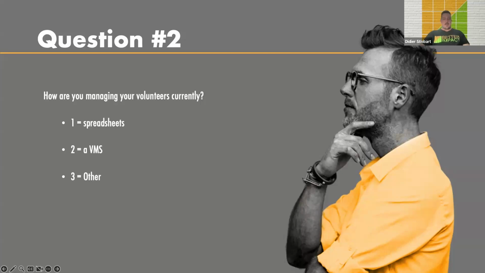Someone is using CIM and Academy. Okay, I've heard a little bit about them, but not sure if I know much about it. Nightingale, someone else is using, that's interesting. And another Better Impact. So quite interesting, a big variety. A lot of people using spreadsheets, a lot of people using things that are not designed for volunteer management. So interesting to get that perspective from everyone.